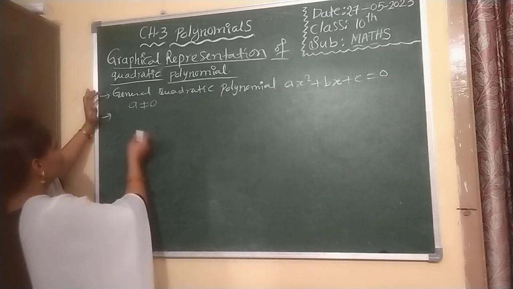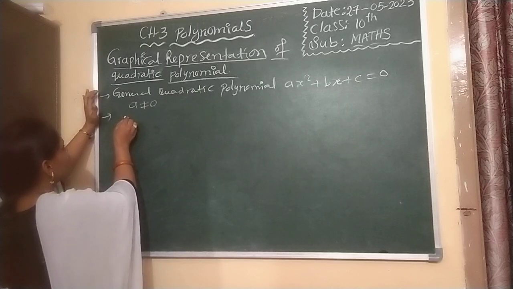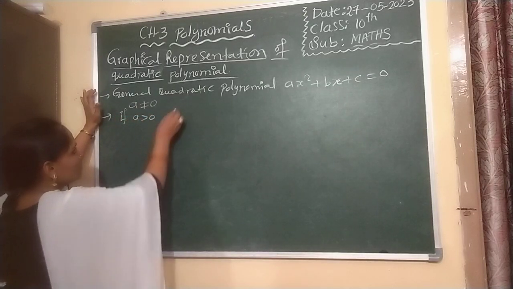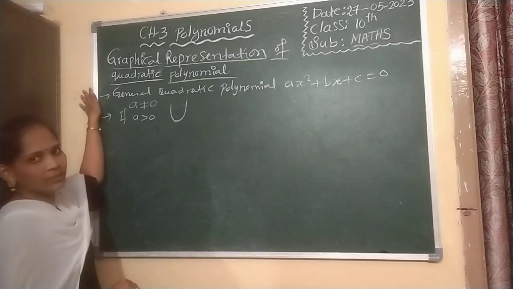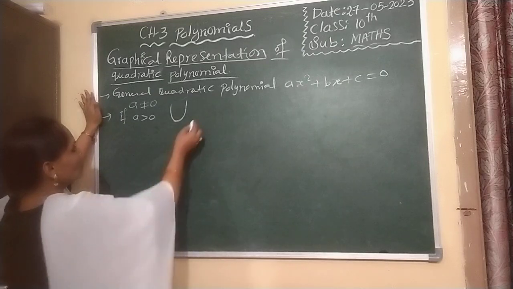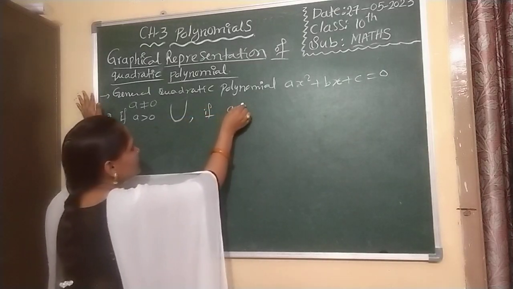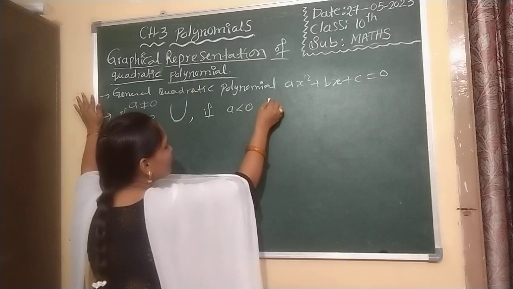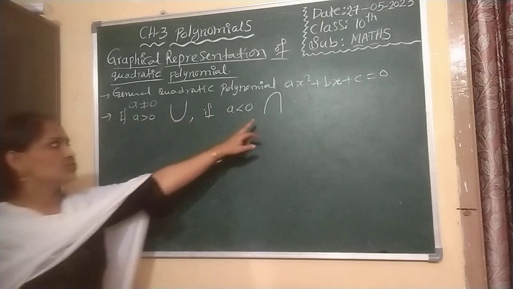The shape of the graphical representation of a quadratic polynomial: if a is greater than 0, then the graph of the quadratic polynomial looks like this shape. If a is less than 0, the graph of the quadratic polynomial looks like this shape.